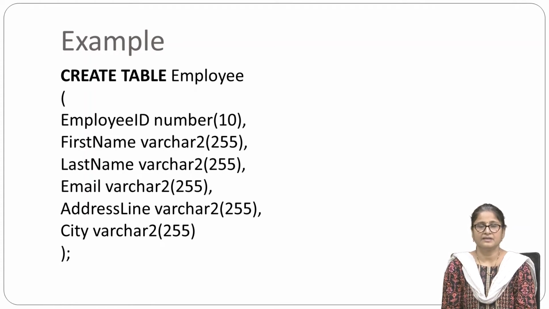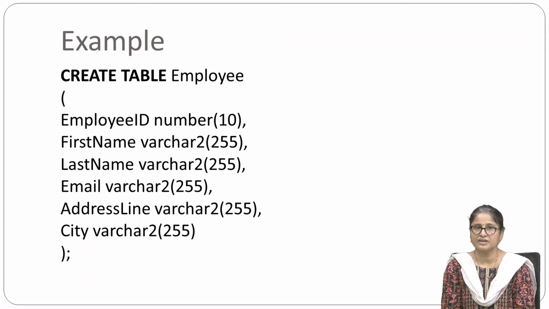CREATE TABLE is the keyword, followed by the table name employee, an opening brace and its corresponding closing brace. In the body of the create command, we have to specify the different fields, their types and the size of the data type.